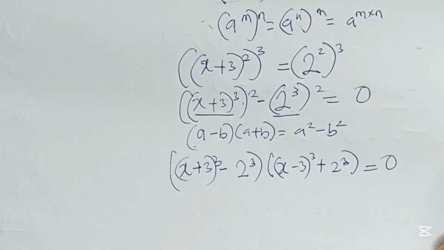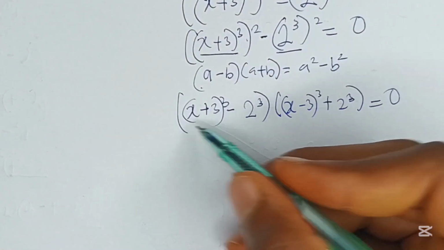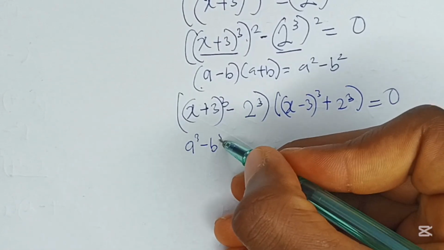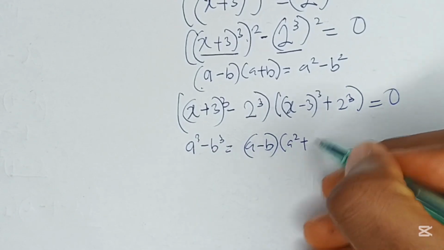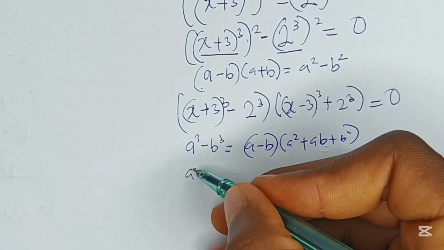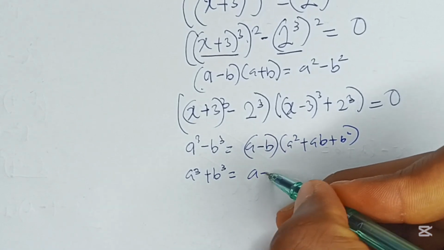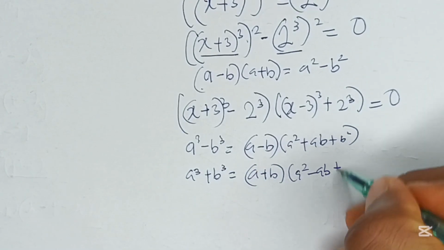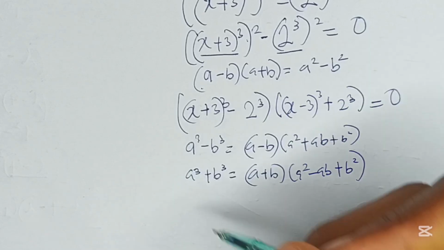Now, moving on from here, we can use the law of difference of two cubes, which says that a^3 - b^3 is equal to (a - b)(a^2 + ab + b^2). For the sum of two cubes, a^3 + b^3 is equal to (a + b)(a^2 - ab + b^2). So I'm going to use these laws to solve this.